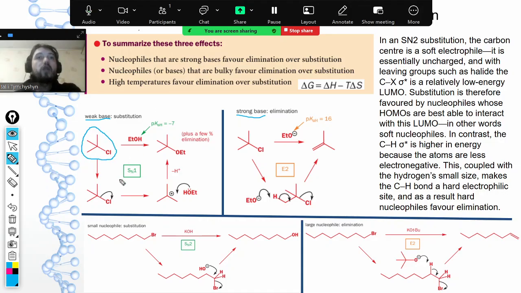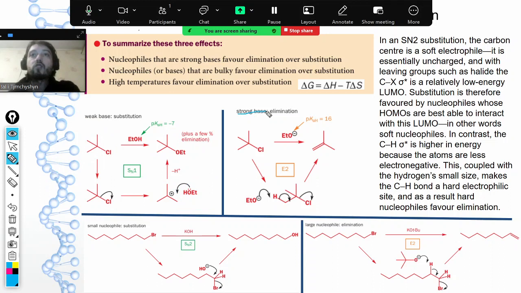So it will wait until the leaving group leaves and we get a carbocation. Now this carbocation can be attacked by the weak base, because now we have some positive charge here, so it's much more cationic than it was before. And here the attack proceeds, and we have this result.